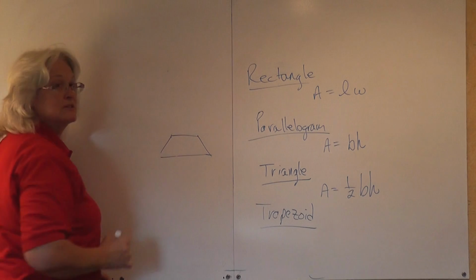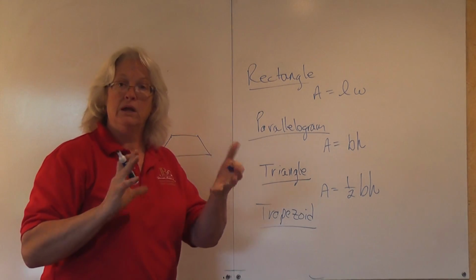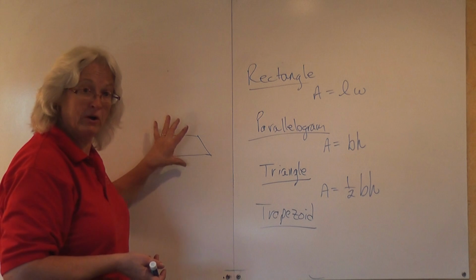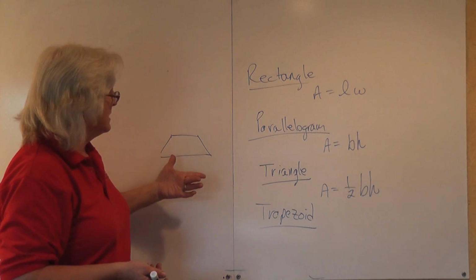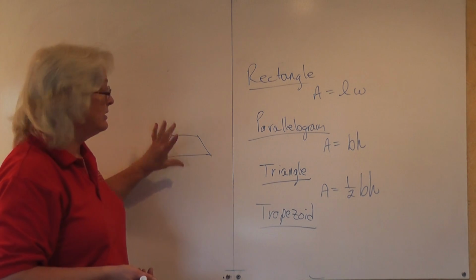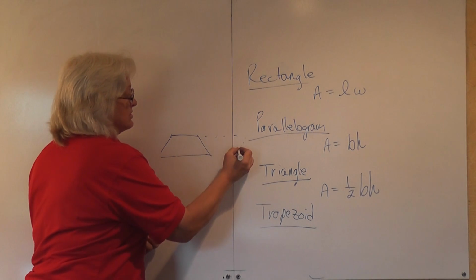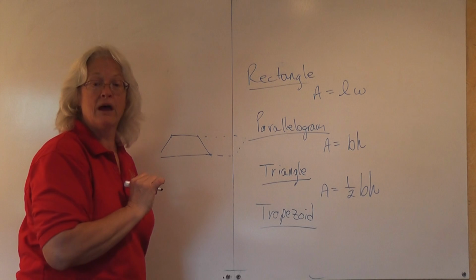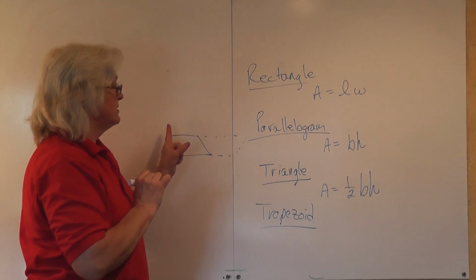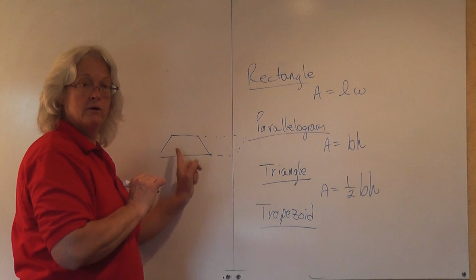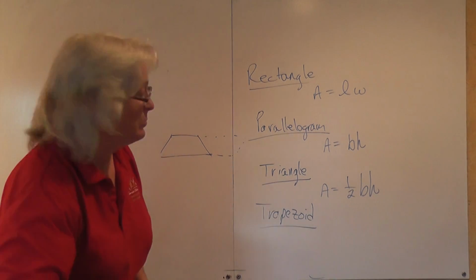You have two bases, and we did some construction there. We took one trapezoid, turned another one upside down, attached them together, and saw that we had a parallelogram, and that the base was actually the sum of these two bases, to come up with this formula.